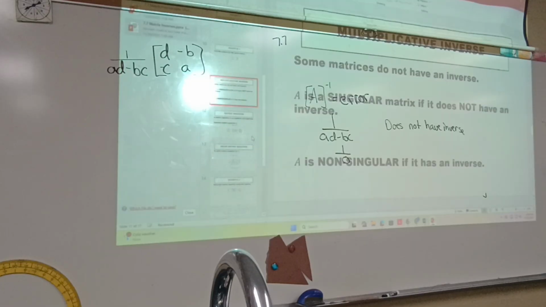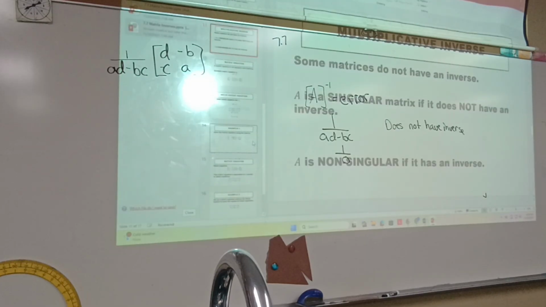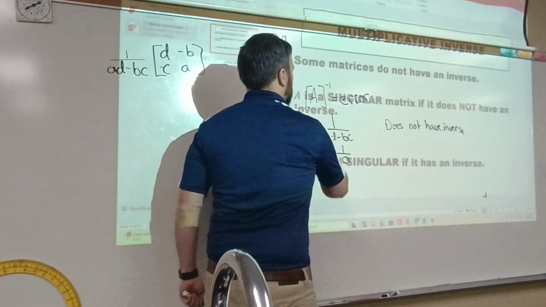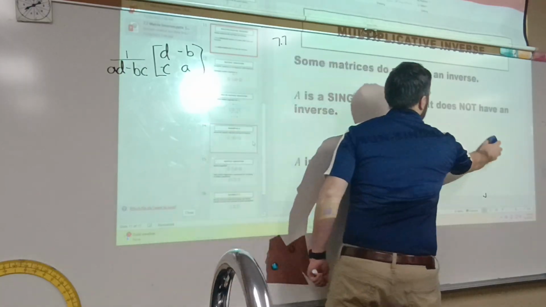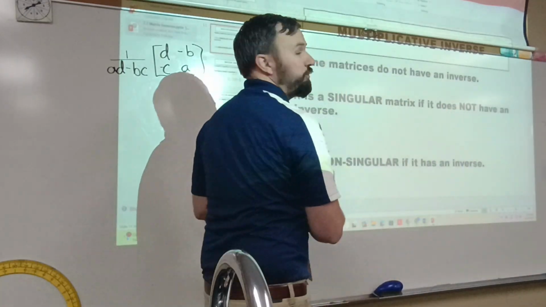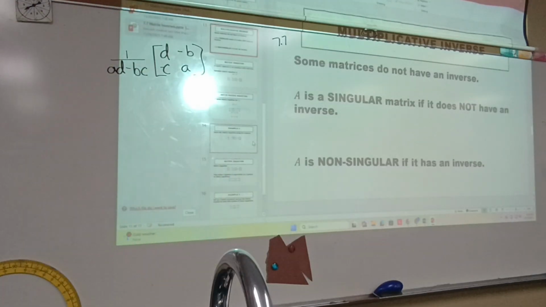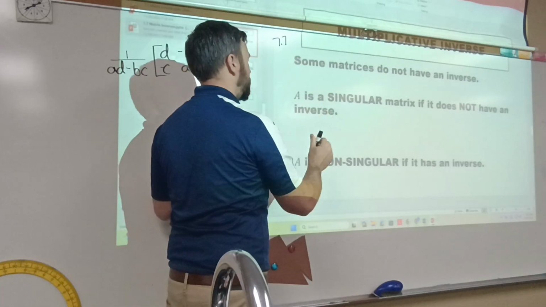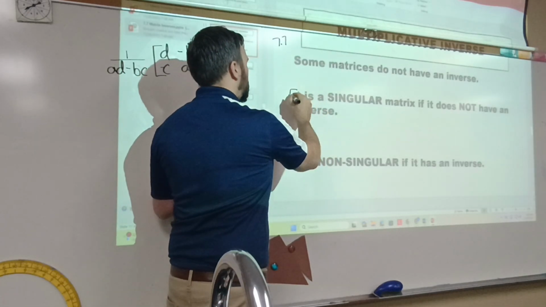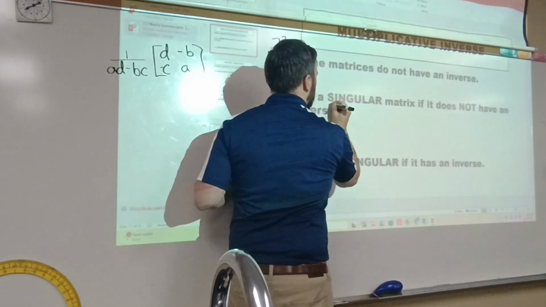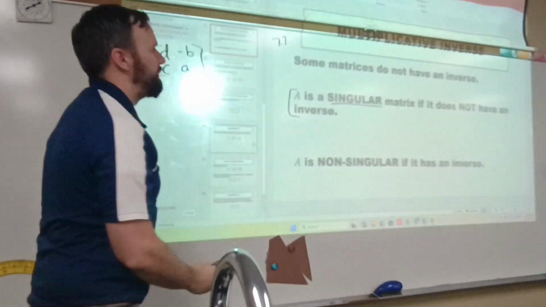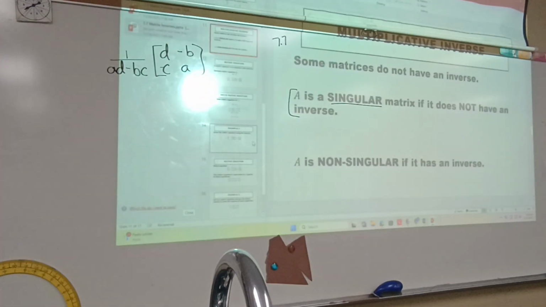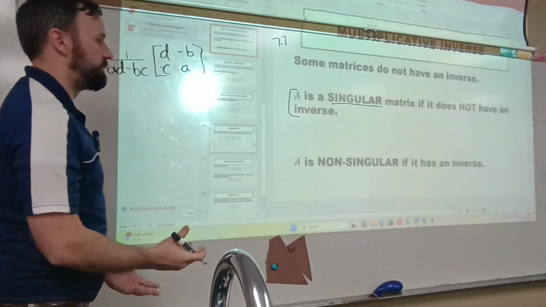We got one more thing to do. It's going to be the same stuff, so keep your calculators at the ready. If you're online, make sure you're using that TI-89 or TI-84 I posted for you guys. A matrix is singular if it does not have an inverse, because it does not have a partner, so it's single.